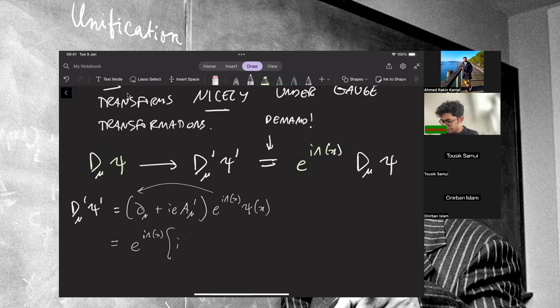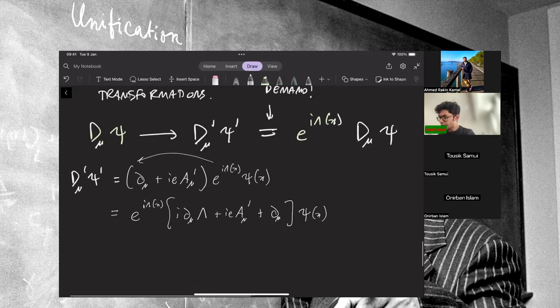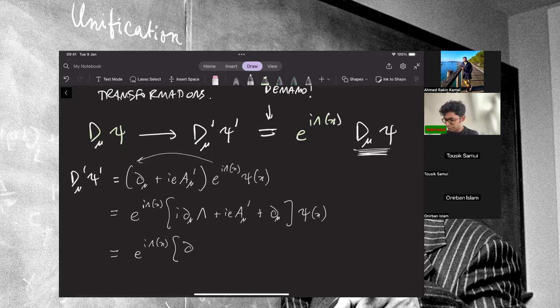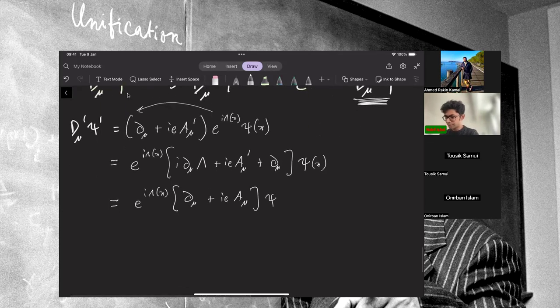And what I find is a term where the derivative acts on the lambda, a term with the A_mu floating around, and a term where the derivative acts on the psi. Okay, so I get this thing all together. And now recall that my demand is that this whole thing is just equal to e to the i lambda of x times just D_mu acting on psi, which is therefore partial_mu plus i e A_mu acting on psi. And this part here was the demand.